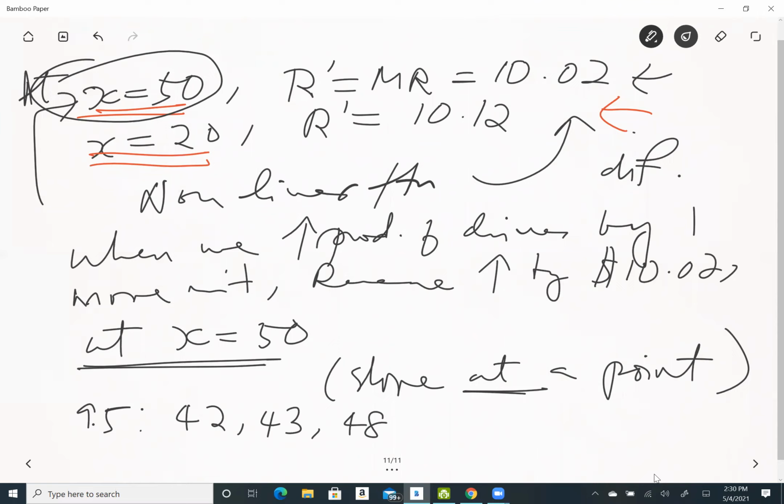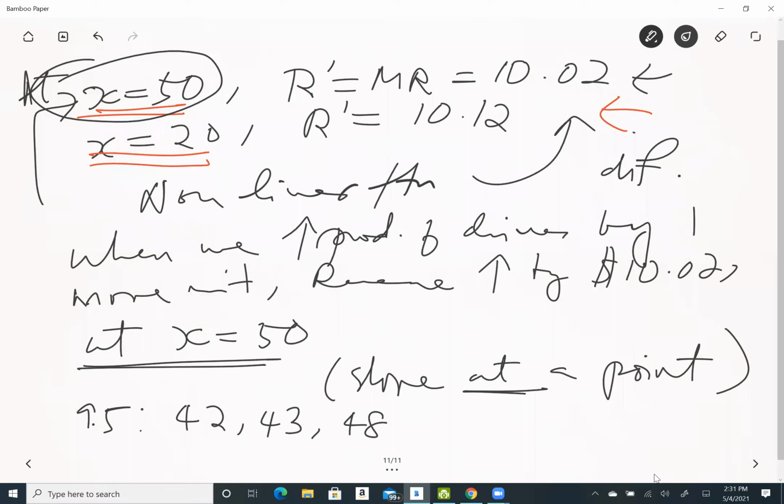Now I would like to look at another example, the marginal cost. Let me see, is there any example on the marginal cost? I don't see an example on the marginal cost. They don't have it. So please go to 9.9.